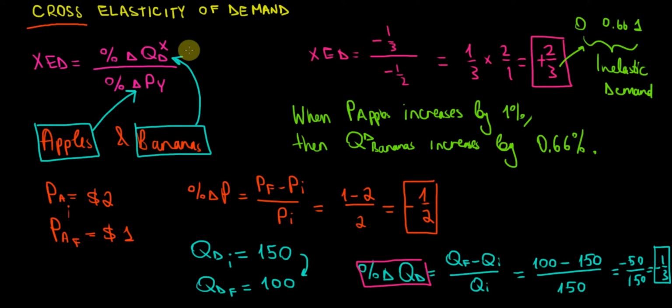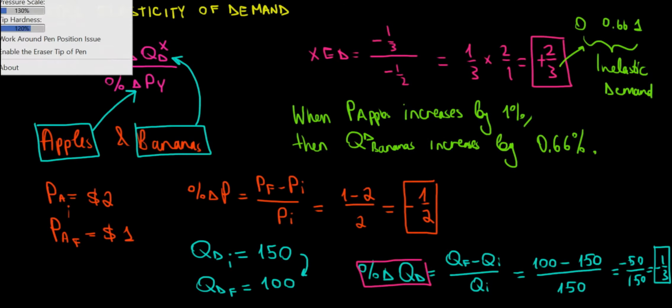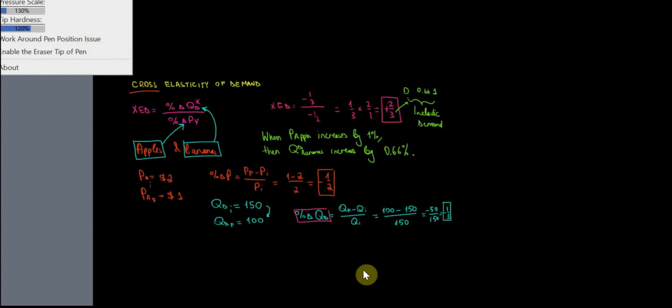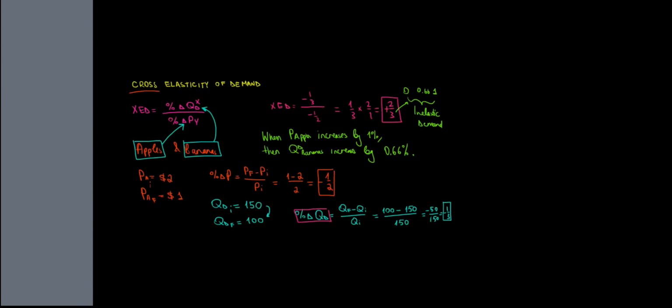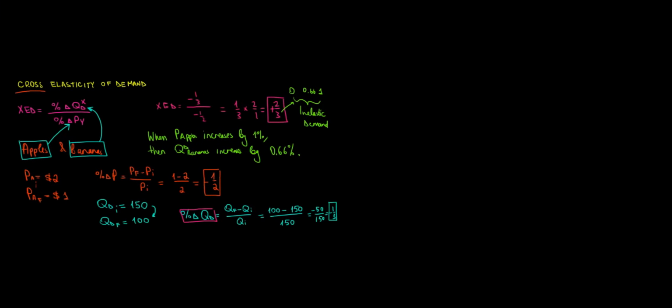So what I'm trying to say, let me just zoom out to get more space to make an important note. I'm going to zoom out a bit, move to the right. What I'm trying to say is the following: when we have an inelastic cross elasticity of demand, this happens for products that are not very close substitutes.